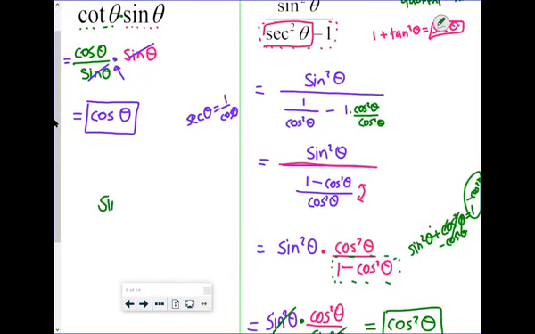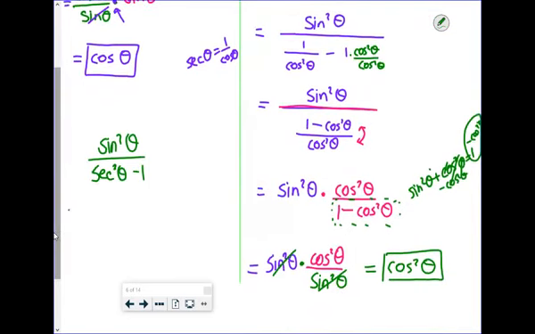We started off with sine squared theta over secant squared theta minus 1. Now, just using the Pythagorean identity, 1 plus tan squared theta equals secant squared theta. This is a little thought bubble in my head.